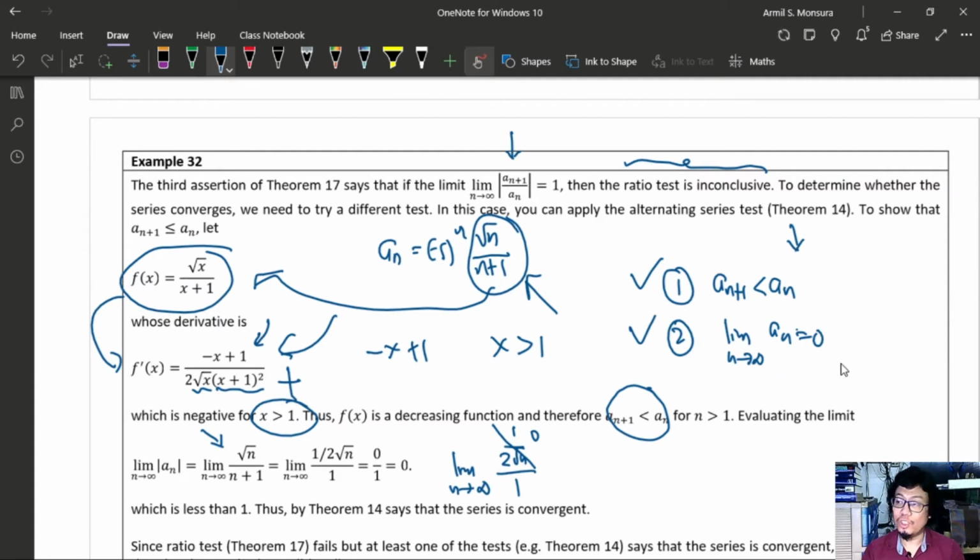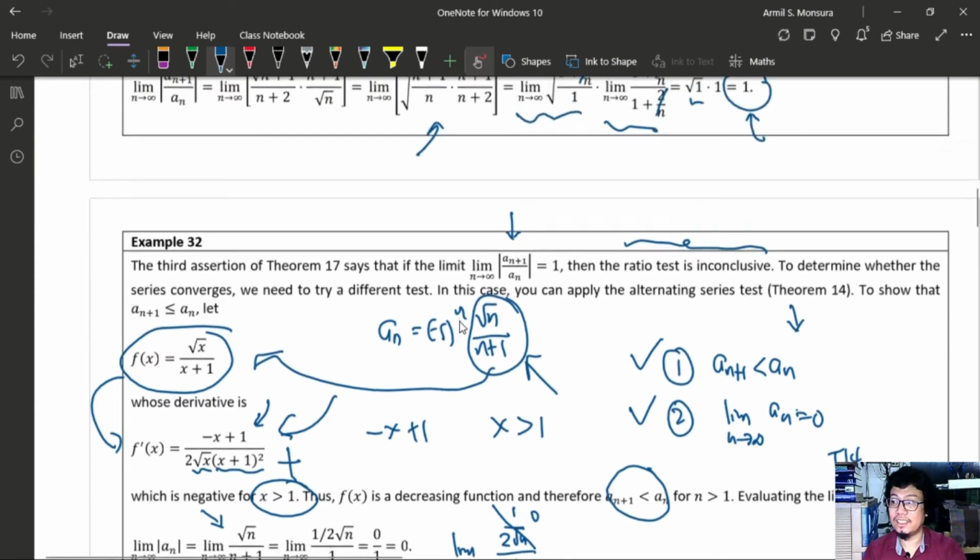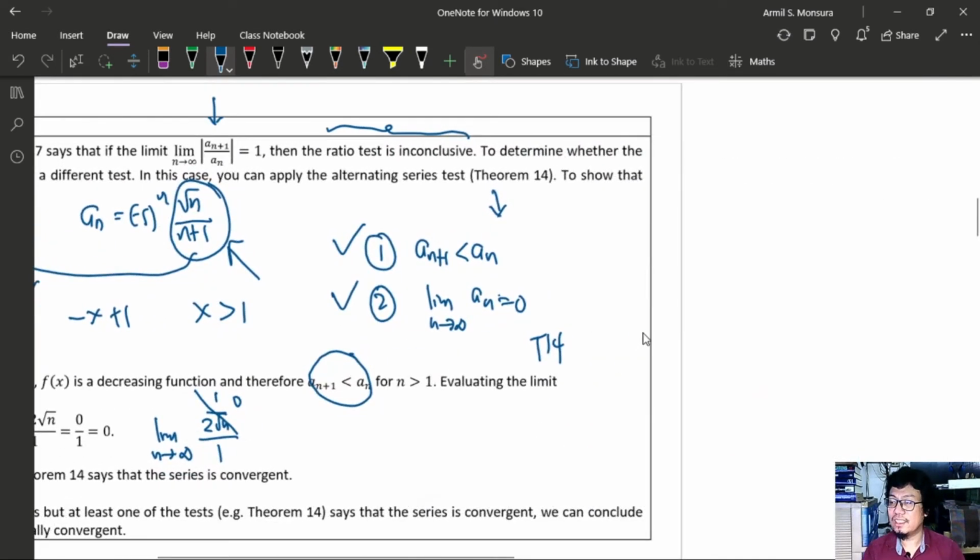So Theorem 14, or the alternating series test, actually tells us that this series, the summation of negative 1 raised to n times the square root of n over n plus 1, for n equals 1 up to infinity, is actually a convergent series.